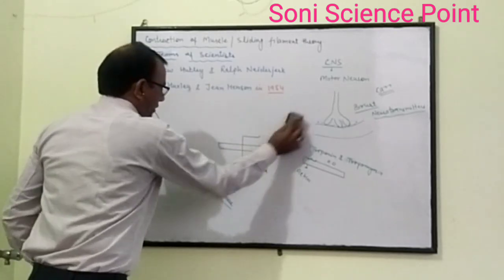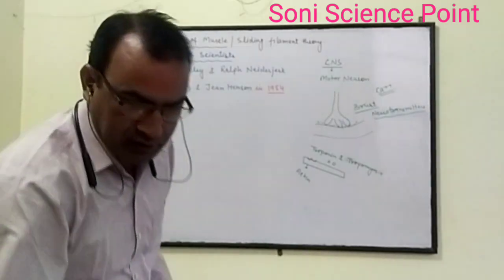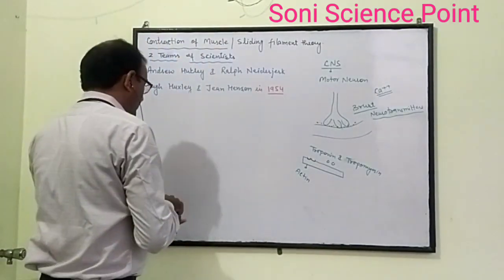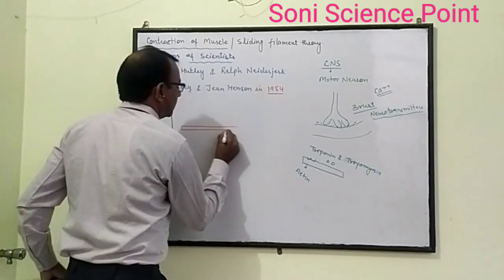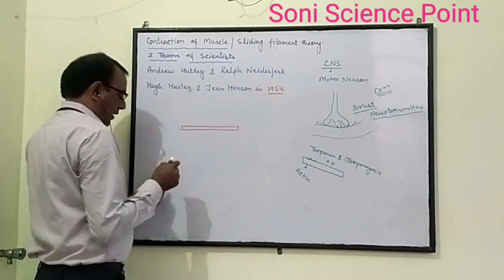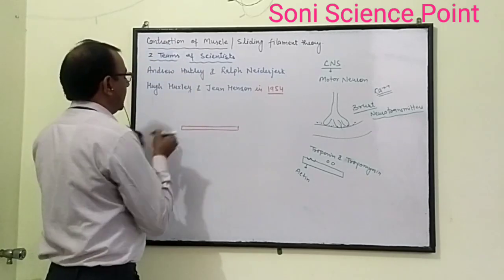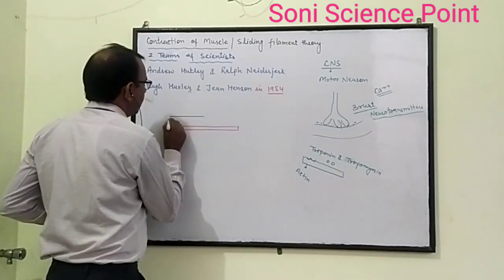How is the sliding filament theory? Suppose first of all this is the structure of myosin, and just above the myosin the actin is present.